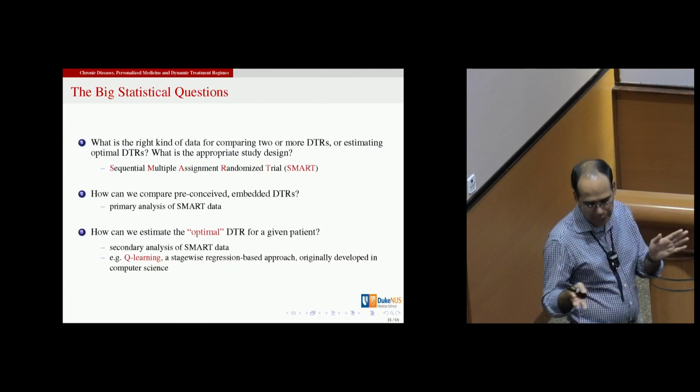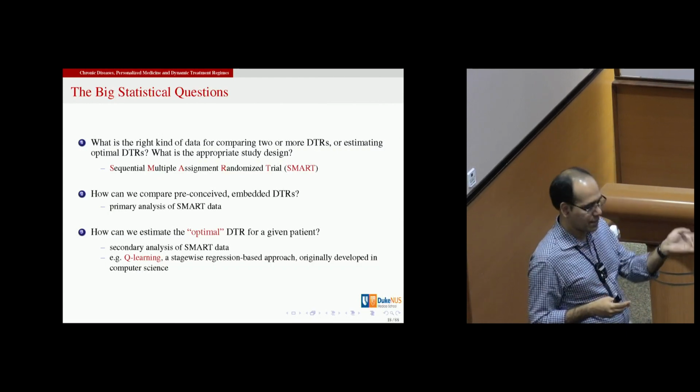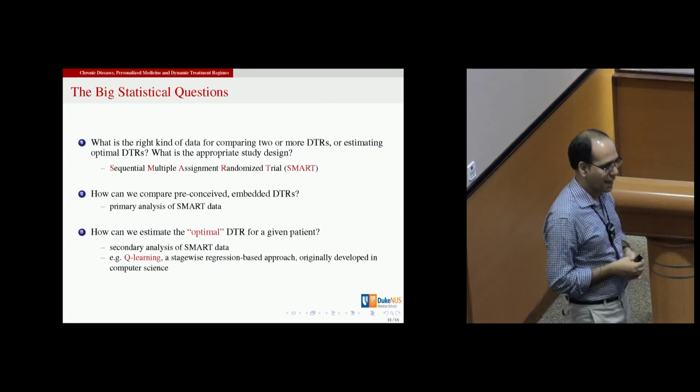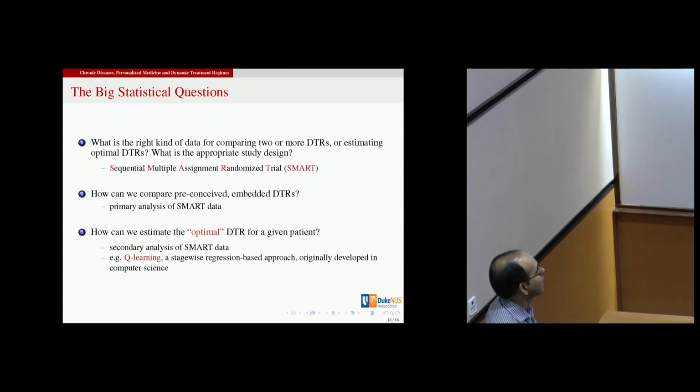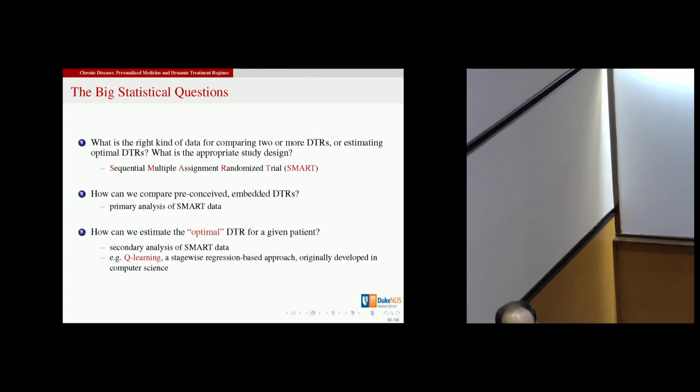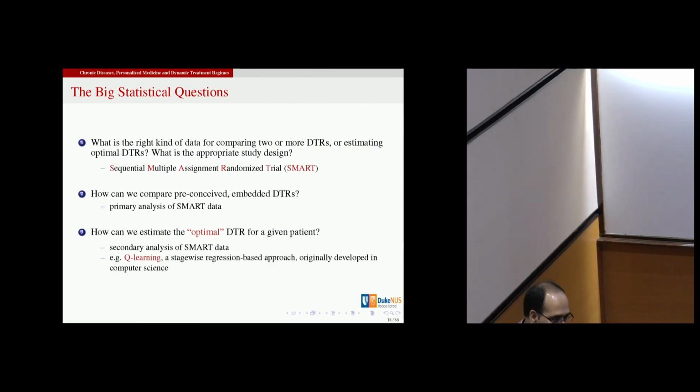Without doing that, just using the ones embedded by trial design, like responder, non-responder, how do we compare them? That can be a primary analysis of SMART data, just like we do the A versus B comparison in a standard RCT. And then the final question is how do we estimate the optimal DTR for a given patient? As I've been mentioning from the beginning, that falls under the secondary analysis of SMART data.